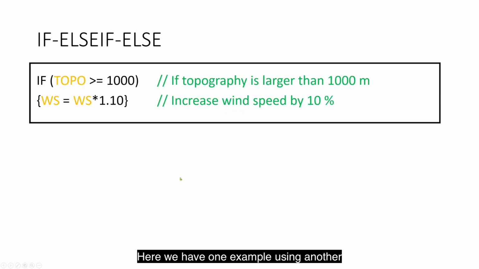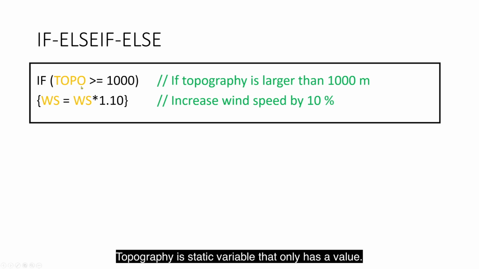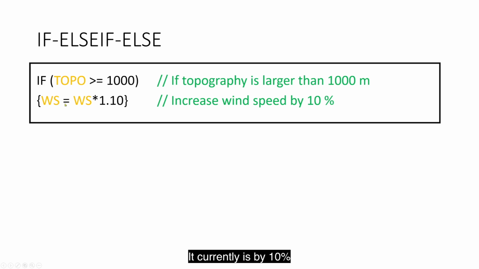Here we have one example using another static variable, topography. So here I want to increase wind speed by 10% if the topography is larger than 1000 meters. Topography is a static variable that only has a value, and if the value is larger than 1000 meters, I will increase the wind speed, as it currently is, by 10%.